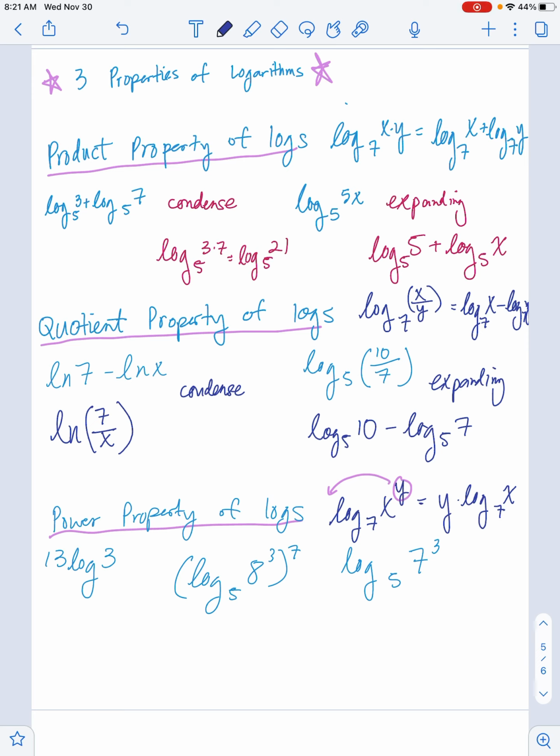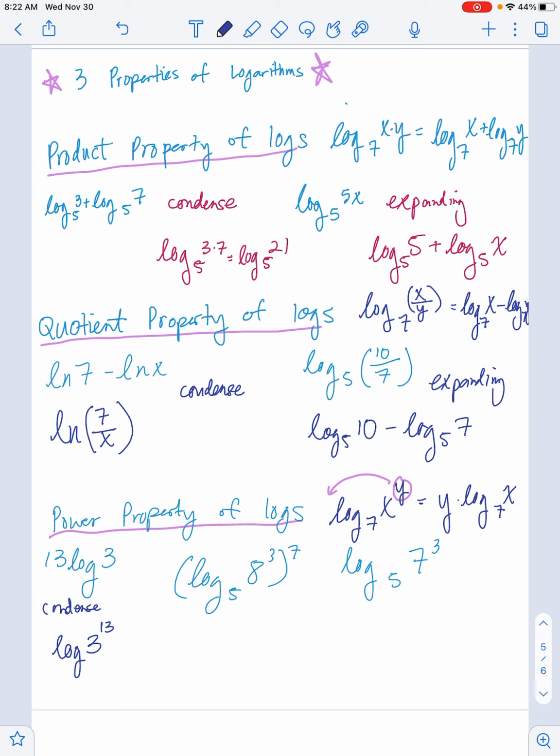So what I can do to condense is I can bring that 13 in the front back up to its power. So I'm going to write this as common log of 3 to the power of 13. Okay. So that would be the condensed version. All I'm doing is bringing that 13 back up to the power.